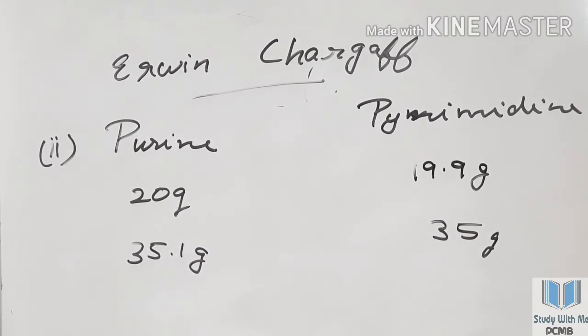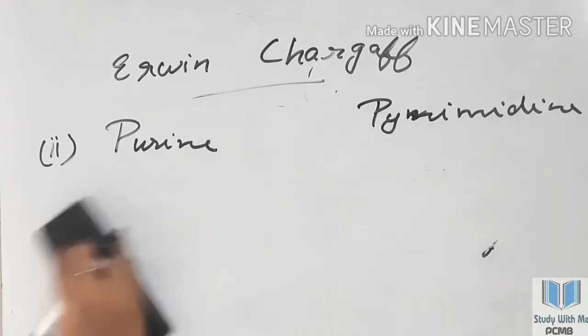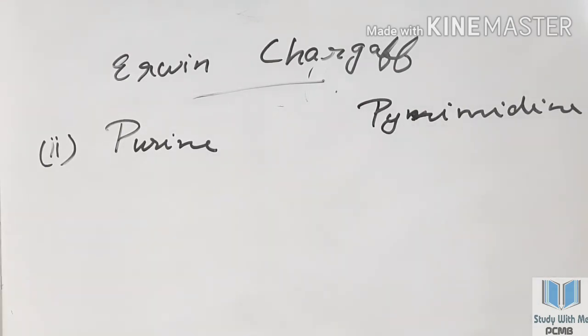But the rule says the quantity of purines is always equal to that of pyrimidines. So this rule states that. And further, in this second rule itself, it is stated that the ratio between adenine and thymine and guanine and cytosine are constant and equal to 1.